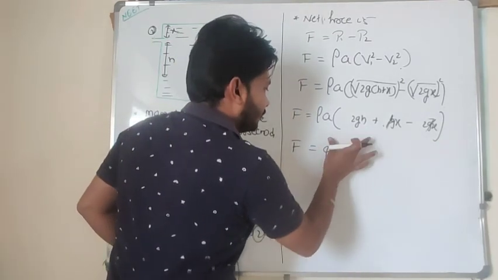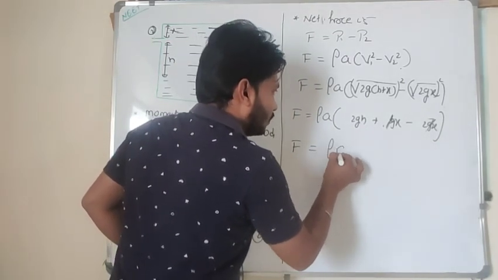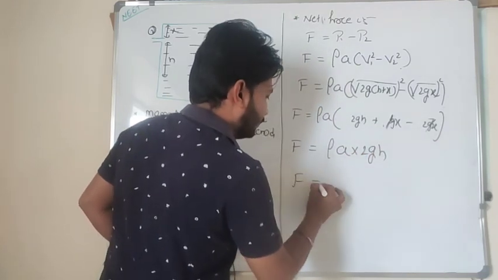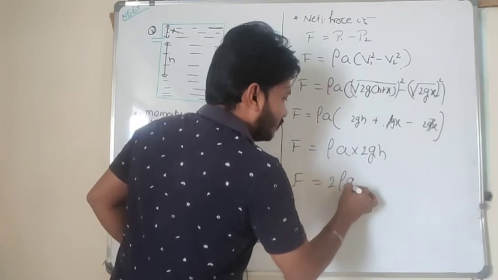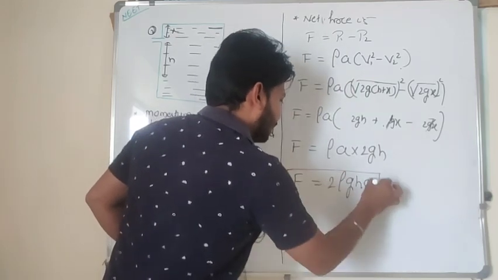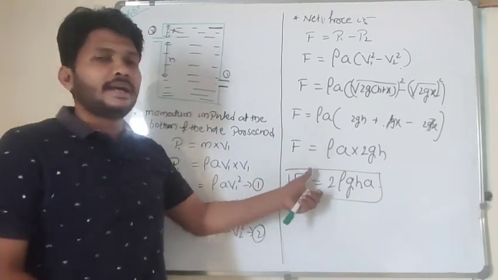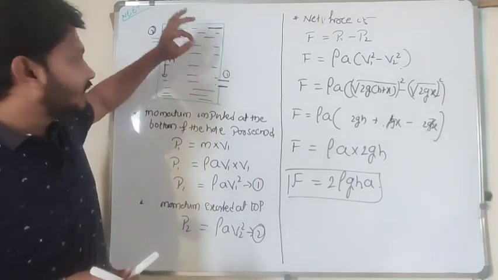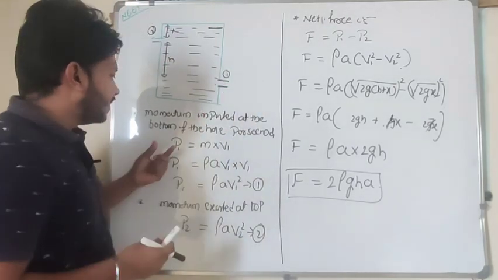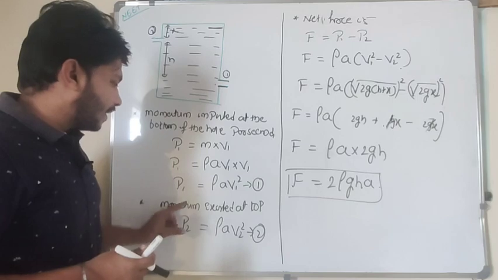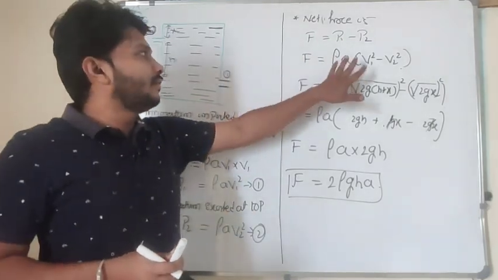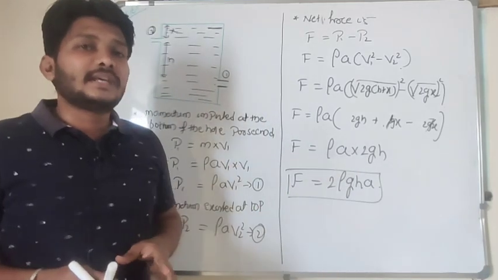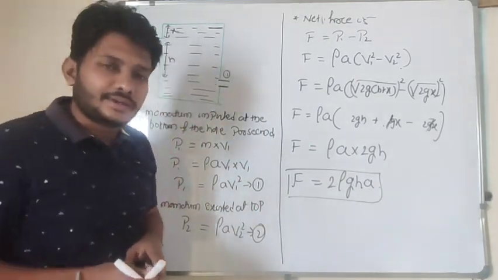F is equal to, rearranging, rho into A into 2gh, or F is equal to 2 times rho g h into A. This is the required expression for the force exerted by the container. So I take the container, make two holes on opposite sides, find the momentum of the first hole per second and of the second hole, and the net force is equal to P1 minus P2. After simplification I get the force exerted by the container.